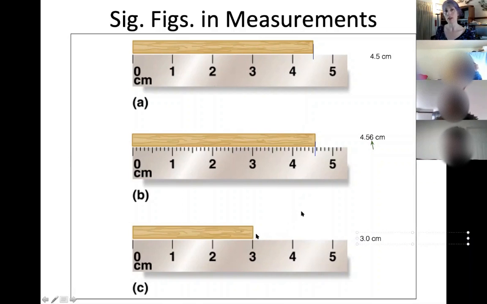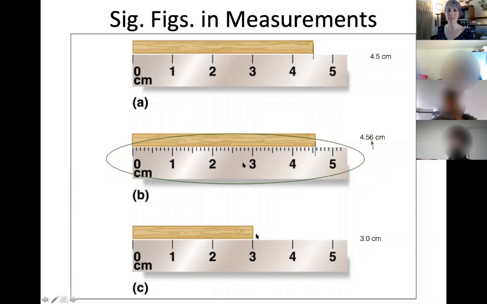So we have to show that 0. Now, if we were using this ruler for this object, then we would write 3.00. It's the ruler that tells us how many digits to write.